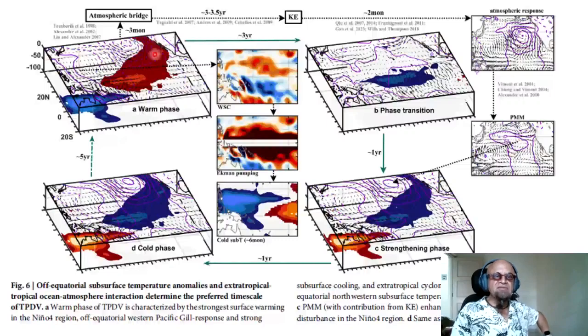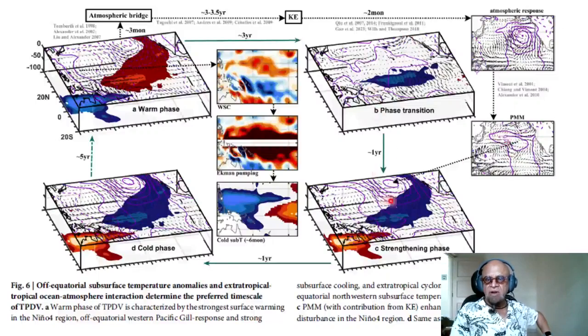So here is the atmospheric bridge working at 3 to 3.5 years, and by 2 months the wind stress curl response has produced the teleconnection, the SST, and off-equatorial SST produces equatorial wind response, which has got a fast response to winds, and you can see the corresponding wind stress curls and the phase transition happening at 2 months, and then the phase transition happens and then it induces an atmospheric response to that. So that looks like the Pacific meridional mode.